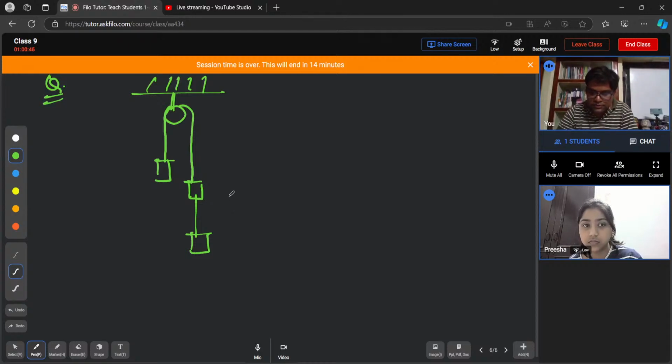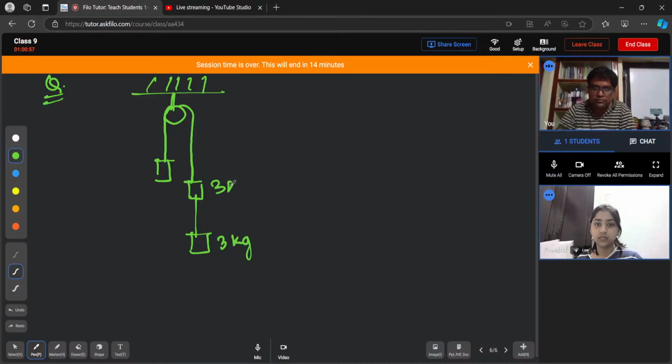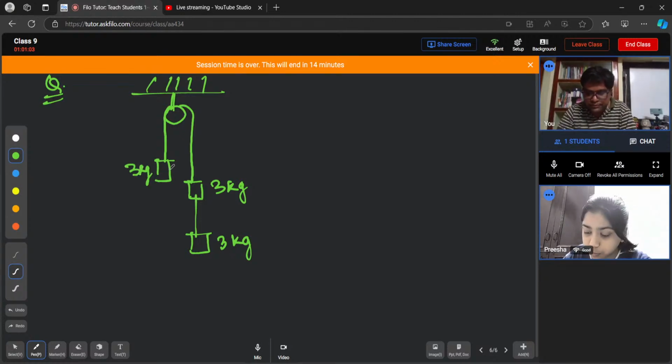The question is, three equal masses of 3 kg each are hanging on a string passing over a frictionless pulley. All are 3 kg. The tension in the string between mass 2 and 3 will be.